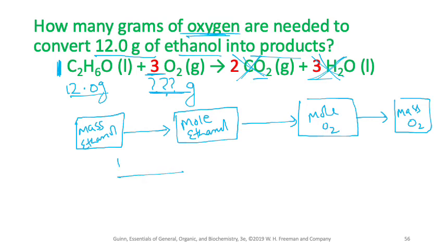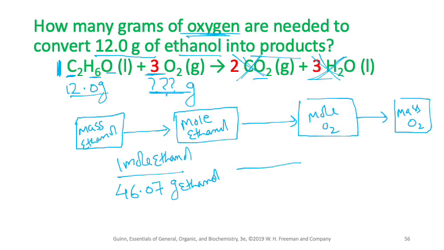Moles of ethanol: I can say 1 mole of ethanol is equal to how many grams? I can say 46.07 grams of ethanol, because you have to add the atomic mass of 2 carbons, 6 hydrogens, and 1 oxygen. When you combine each of them together, you will get 46.07 grams, right?